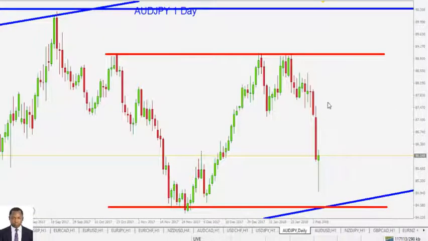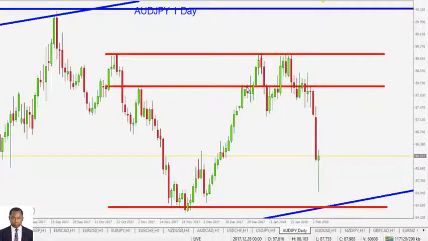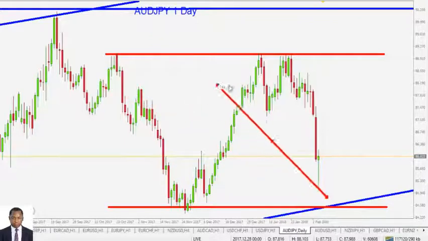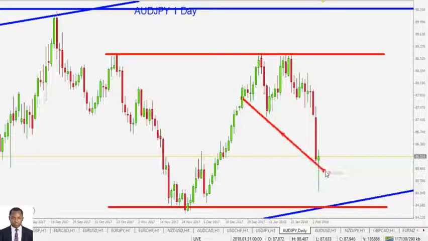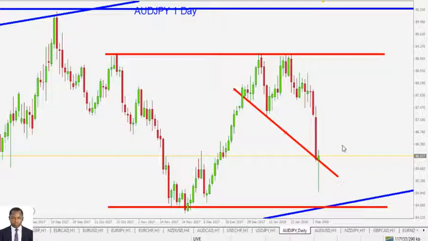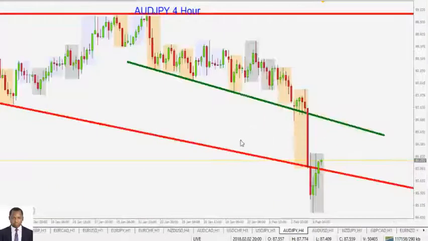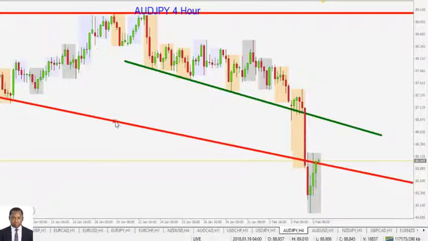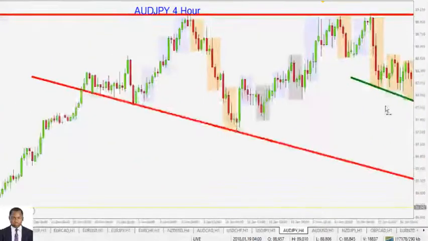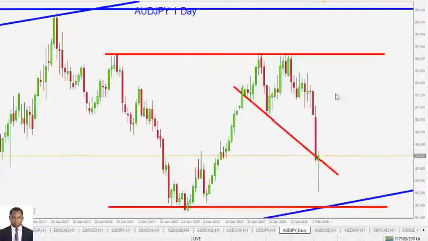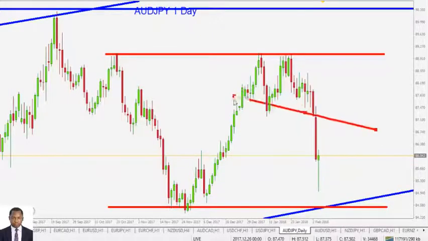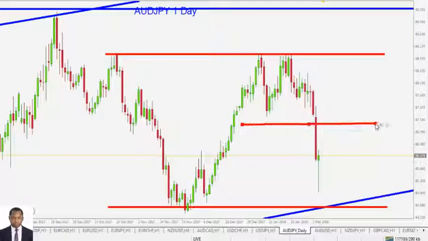Australian dollar against the Japanese yen. Let's see this counter trend line first. Let's see a counter trend line here. That counter trend line, okay, it has not been respected, so we can keep this one.